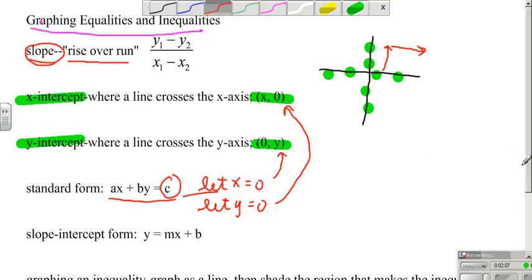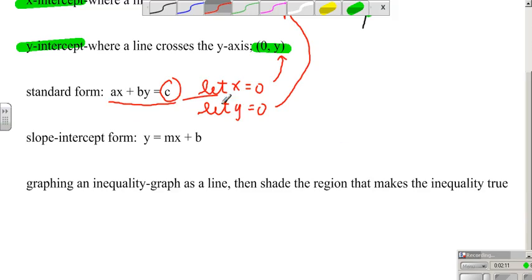Our other method of graphing is the one we are most used to, and that is the slope-intercept form. And this is a very useful form. We always solve for y, and whatever the coefficient is of the x, that is your slope.